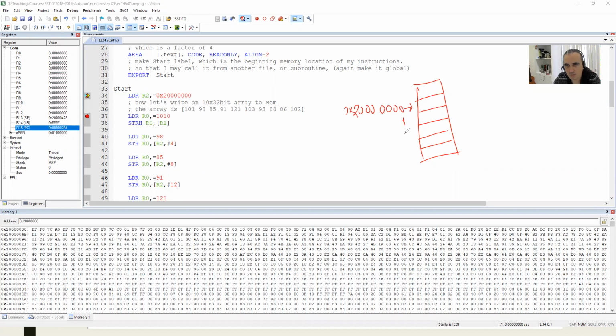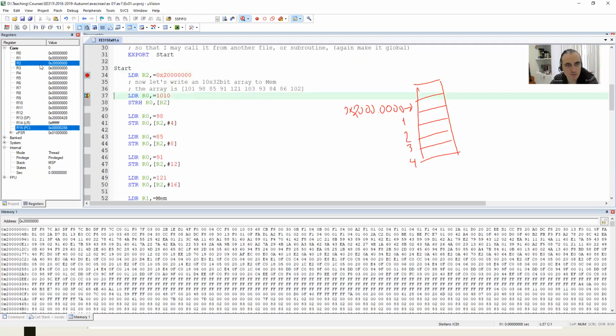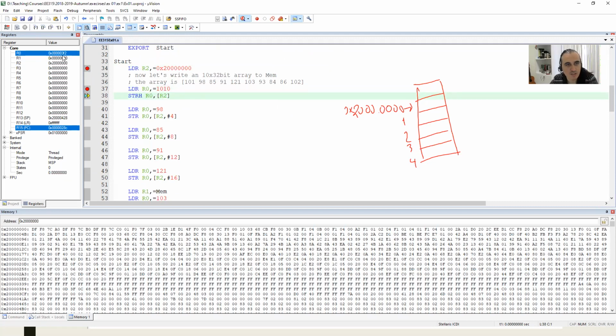So 1, 2, 3, 4, it goes on like this. So this is the place. What I do is I write a value inside R2. So when you do this, you have the value inside R2. R0 is 3F2.